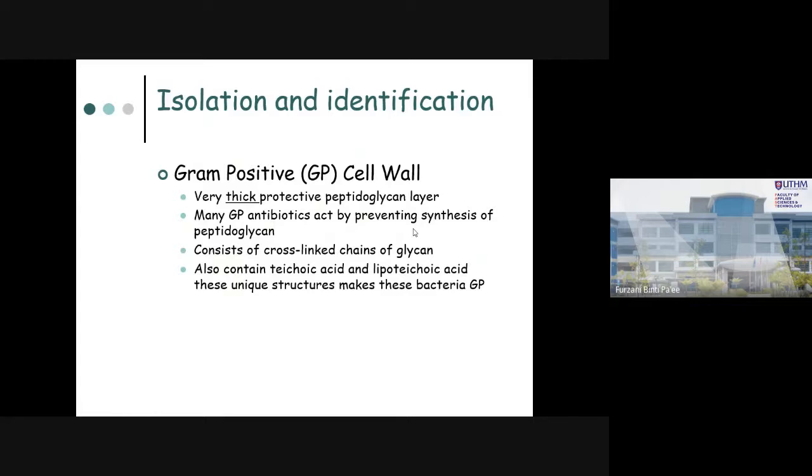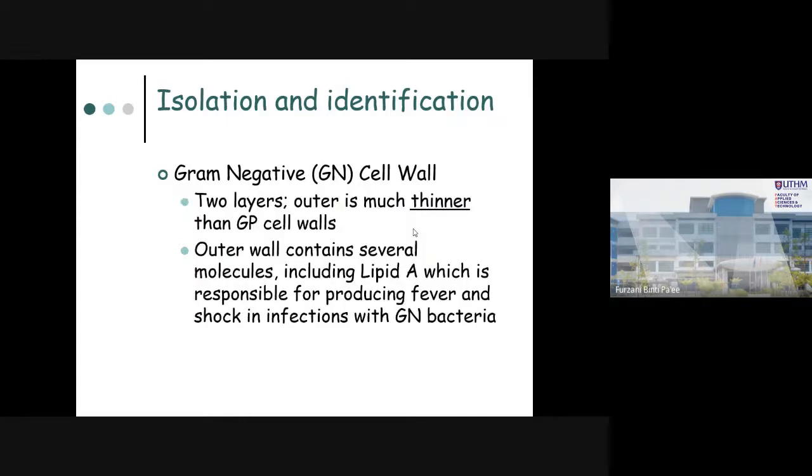As mentioned just now, gram positive has a very thick peptidoglycan layer because it serves as a protection to the cell of gram positive bacteria. On the other hand, gram negative has a much thinner peptidoglycan layer than the gram positive.